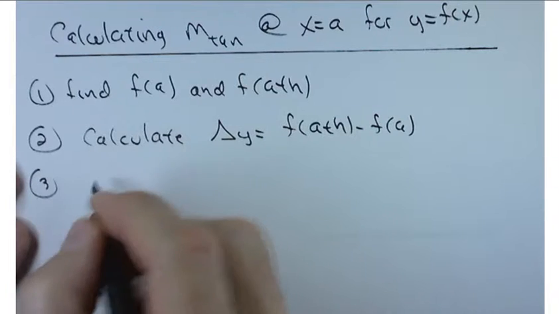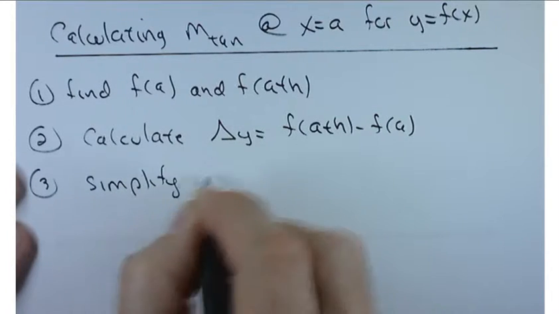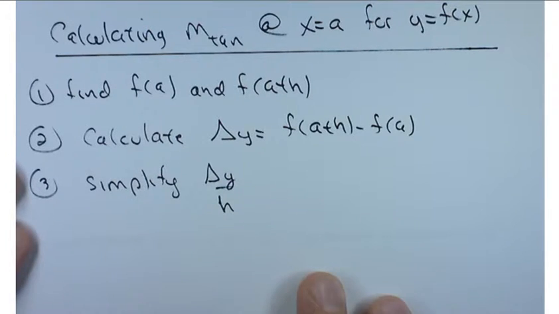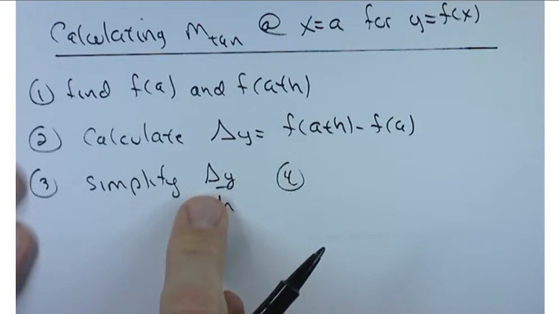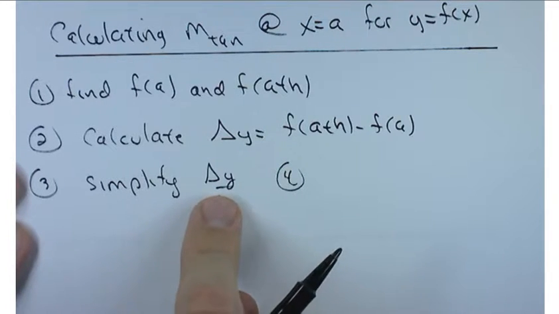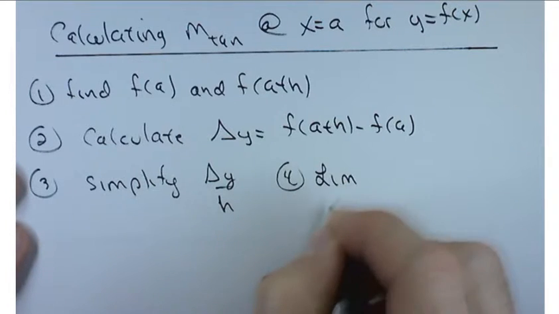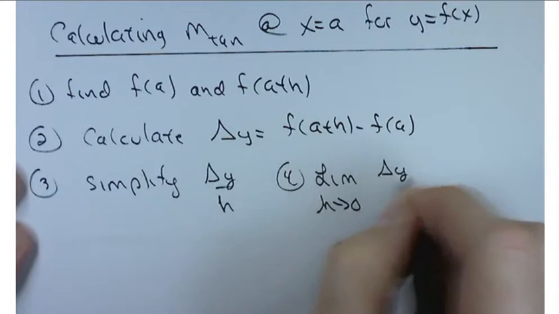The third step is to simplify delta y divided by h. And the fourth step is to take the limit of this quantity as h approaches 0. So the limit as h approaches 0 of delta y over h.